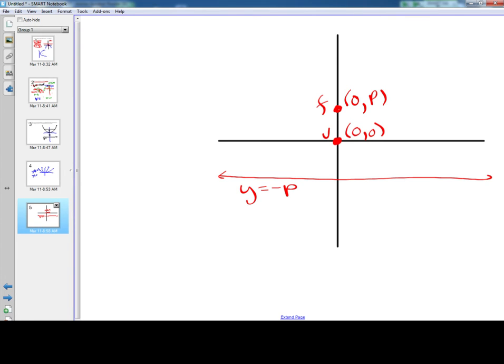So I'm just going to go ahead and draw some parabola here. And I'm going to pick a point, and I don't know where this is. This is just out here somewhere, isn't it? What are its coordinates? Well, I don't know. I have no way to associate those with P or 0 or anything, do I? So we're just going to call that coordinate x, comma, y.